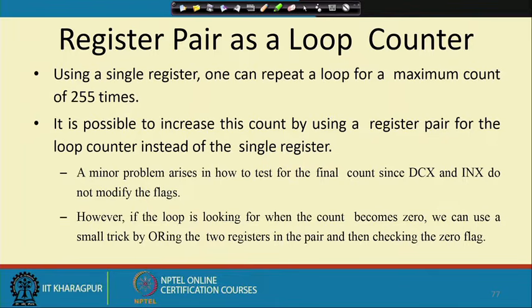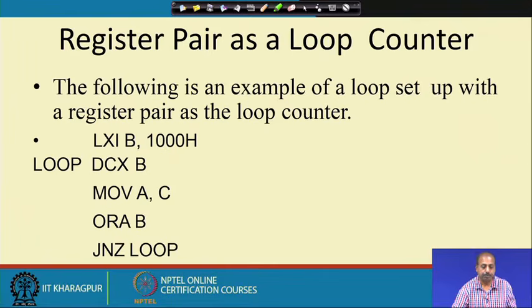So, if you are using the 8085 processor and you are using a 16-bit count value, decrementing or incrementing by DCX and INX instructions, then we have to be a bit careful. If the loop is looking for when the count becomes 0, we can use a trick: we OR the contents of the 2 registers in the pair and then check the 0 flag.